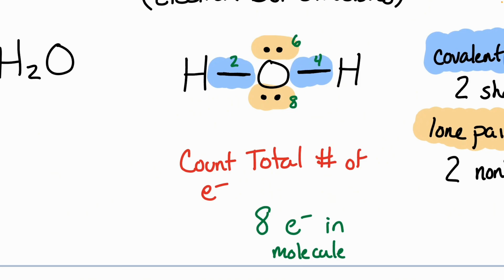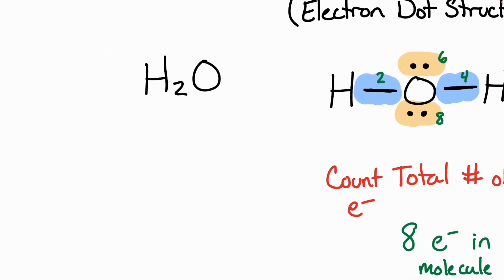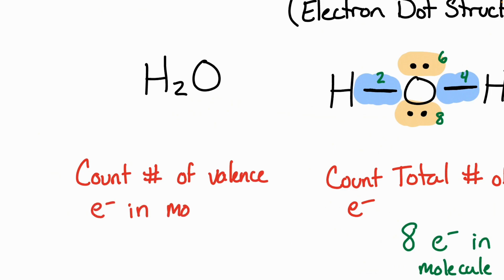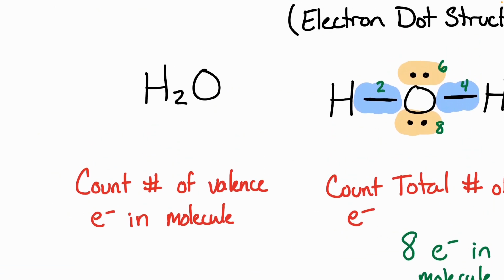Now let's go to our formula, H2O, and total up the number of valence electrons in our molecule, just given the formula, not looking at this structure at all.